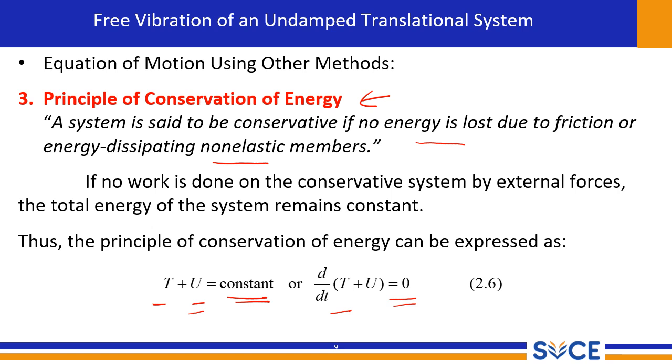The principle of conservation of energy offers a powerful and often simpler way to derive equations of motion for conservative systems. It is particularly useful when dealing with systems where energy transformations are easy to express.